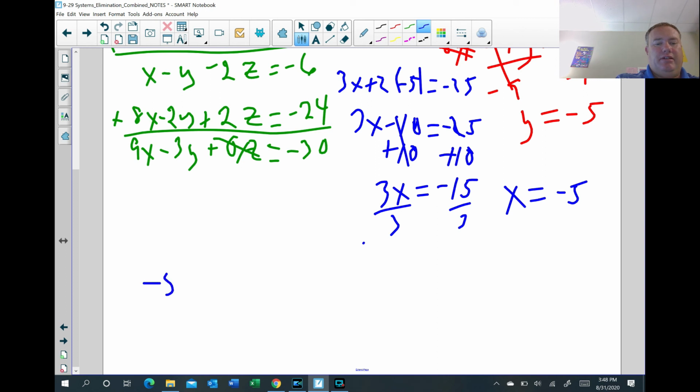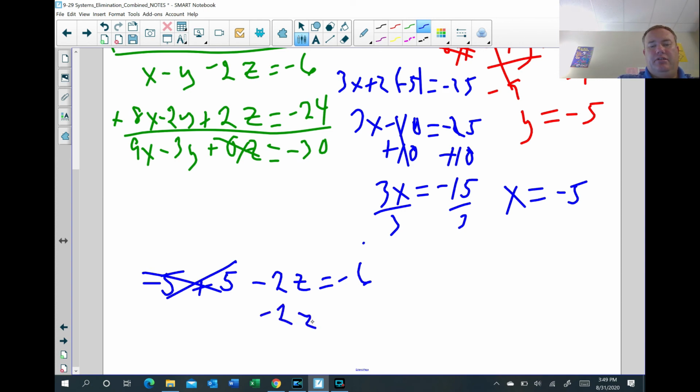Negative 5 for x, plus 5 for the opposite of negative 5, minus 2z equal to negative 6. Look what happens. The 5s cancel out. You end up with just negative 2z equals negative 6. Divide by negative 2. You get z to be 3.